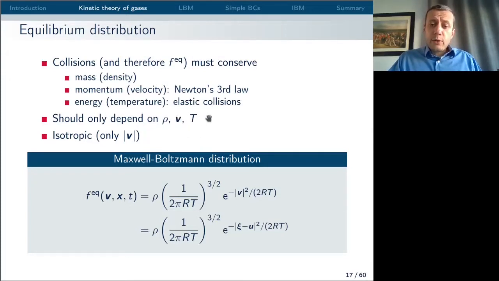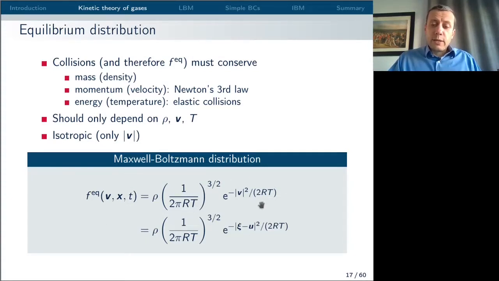If you look at the original derivation of the Maxwell-Boltzmann distribution, it's quite elegant. You can make certain assumptions, symmetry considerations, and so on. This distribution should only depend on the density, on the center of mass velocity of your molecules, and the temperature of your fluid. And it has to be isotropic. It doesn't matter in which direction in space you look, so it can only depend on the magnitude of V. And if you follow the entire derivation, which I will not do here, then you can actually write down how the equilibrium distribution should look like.